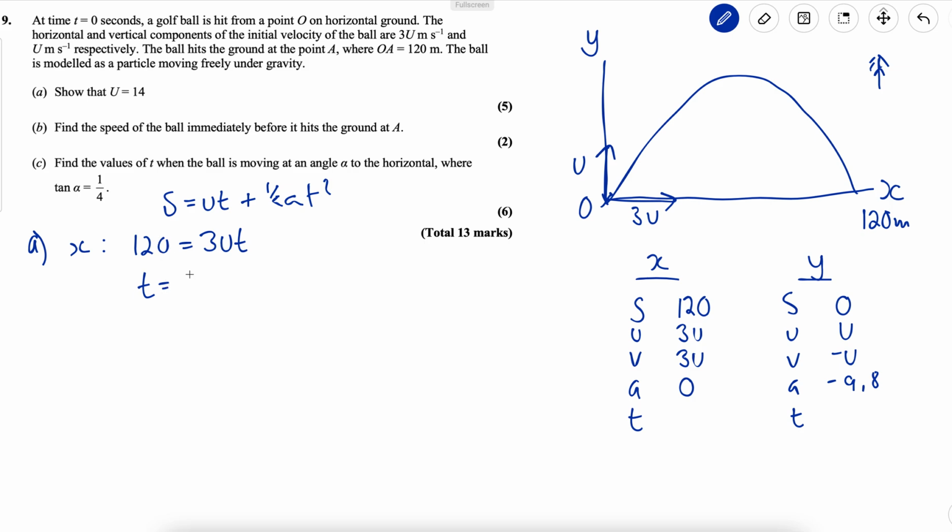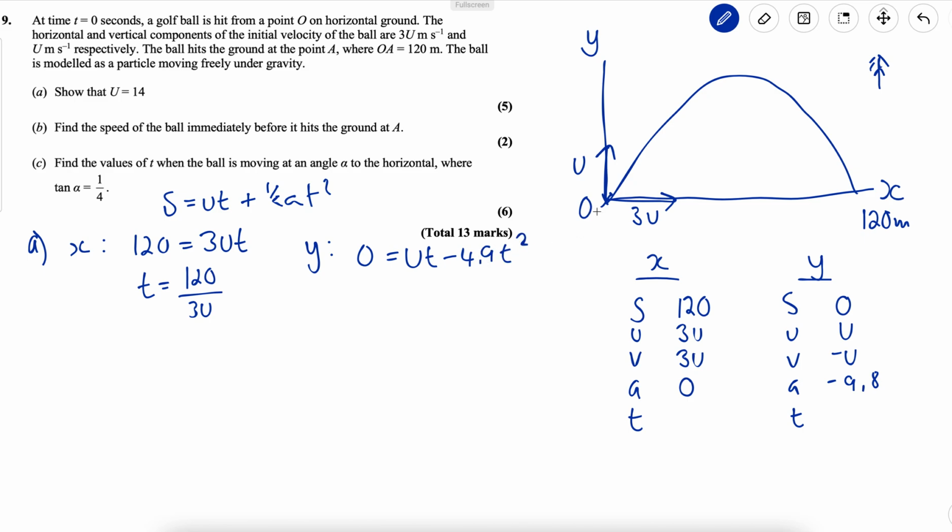So t equals 120 over 3u, and you'll see why I'm going to do that in a minute. In the y direction, s, which is 0, is equal to u t plus half a t squared, so half a is minus 4.9, so minus 4.9 t squared.